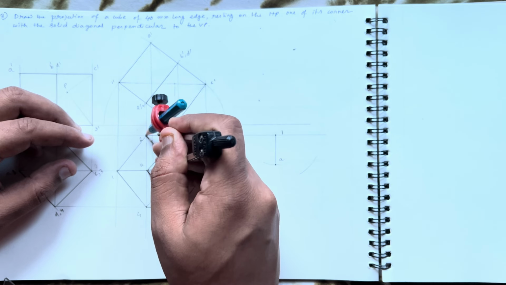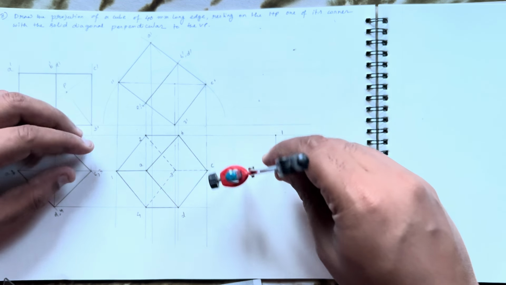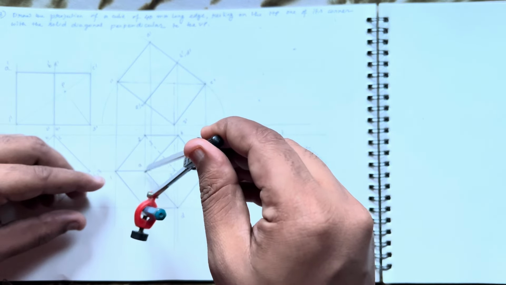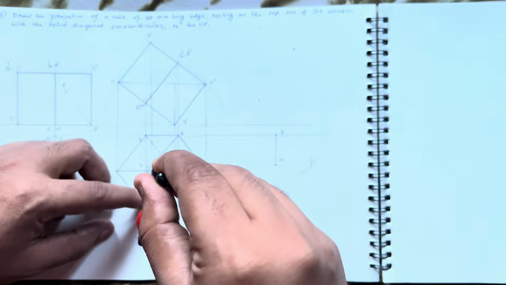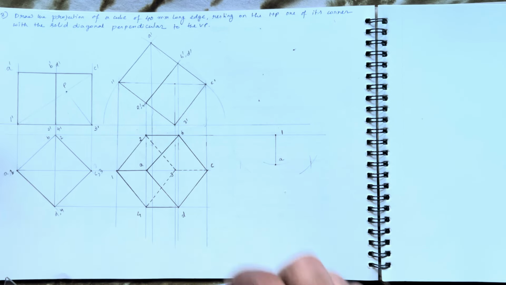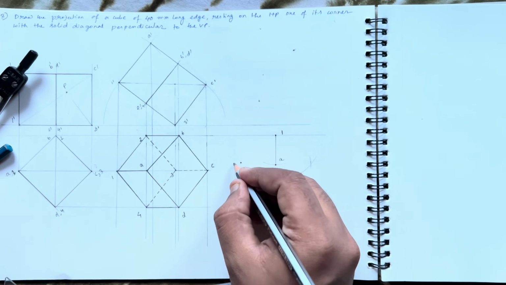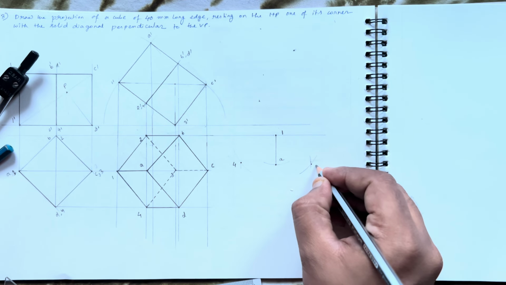From A to 2 you measure and just cut, because this is the same symmetry. We can get the point 4. If you rotate, point 4 is on the left side, so this becomes your point 4, and this becomes your point 2.